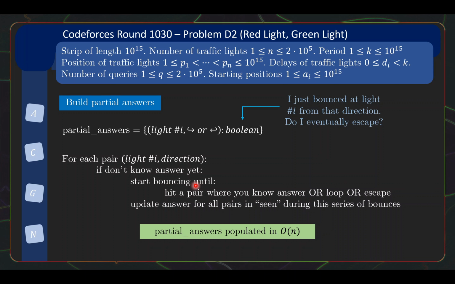You keep bouncing until you hit a pair, which means a bounce scenario where you know the answer, maybe from a previous computation, or you end up in a loop, or you end up escaping. And once you have this answer, you then update the answer for all the pairs seen during the series of bounces.